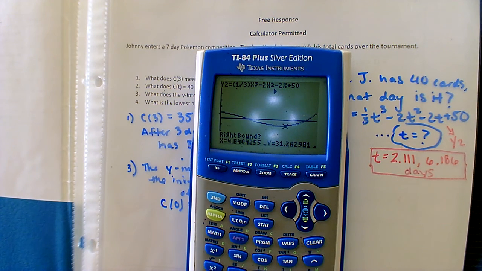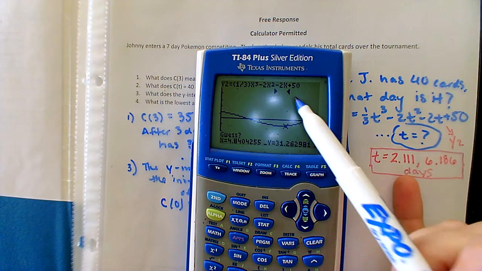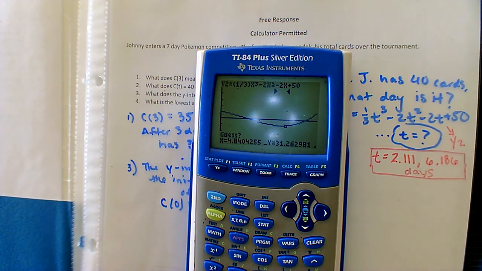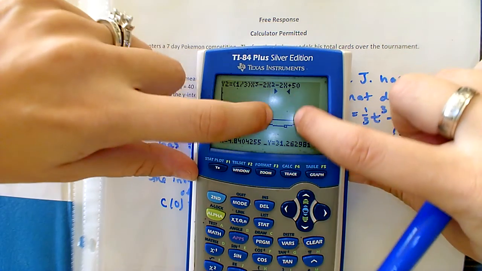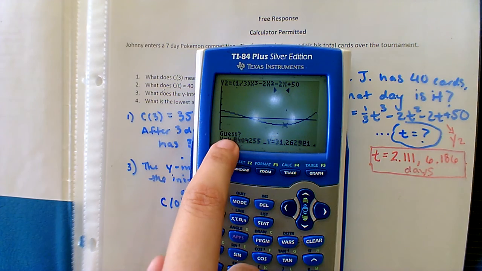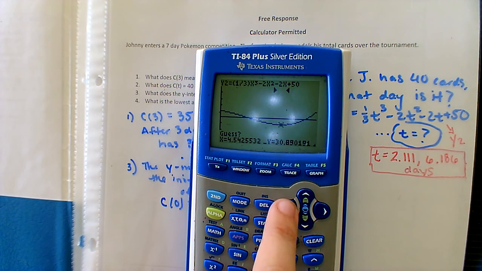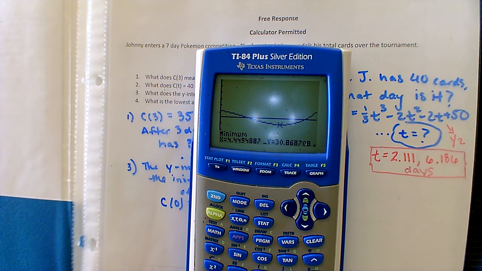Hit the right arrow a few times and hit enter. Okay, that other arrow should pop up on your screen. So you're telling the calculator, I don't want you to check everywhere, I just want you to check in here. Okay, it's going to make it quicker. Notice how the last question is where you think it is. So we'll go back and just hit enter.